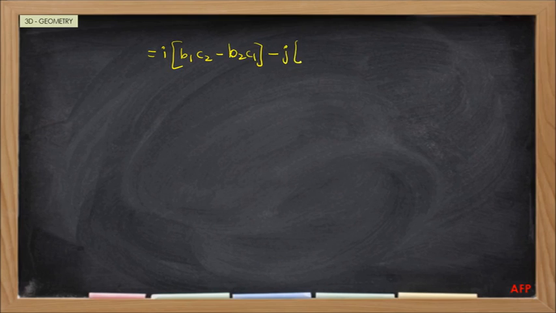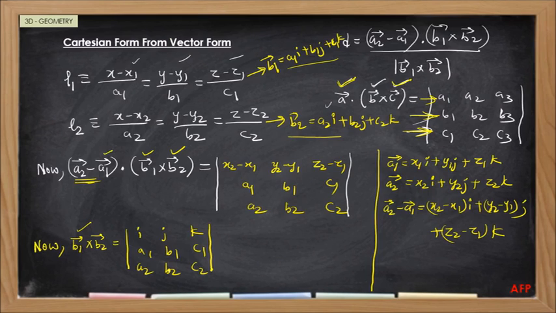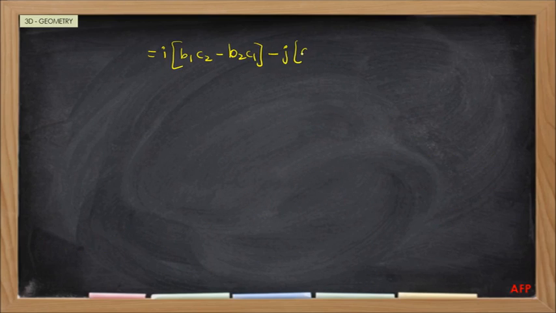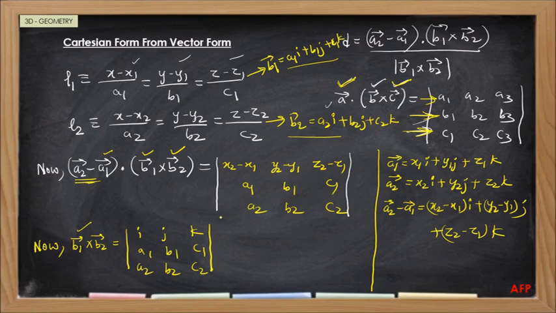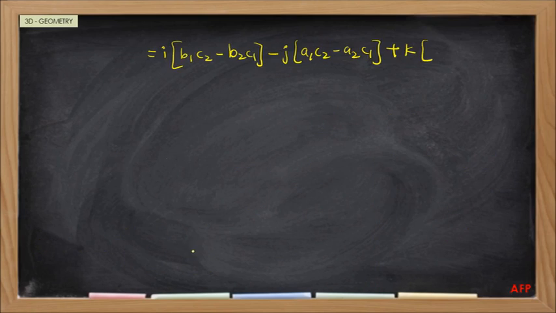Minus j, cancel the second row, first column: (a1 c2 minus a2 c1). Plus k, cancel the first row, third column: (a1 b2 minus a2 b1). This is nothing but B1 cross B2.